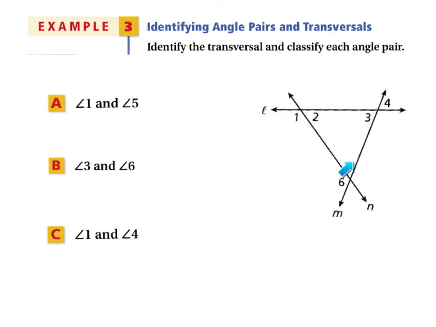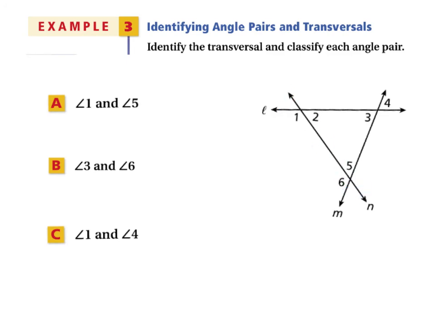I want you to determine which transversal makes those and classify what kind of angles they are. So here's a hint. To determine which line is the transversal for a given angle pair, locate the line that connects their vertices. So here's angle 1, here's a vertex, here's angle 5, here's a vertex. That connects them, that would be transversal N.